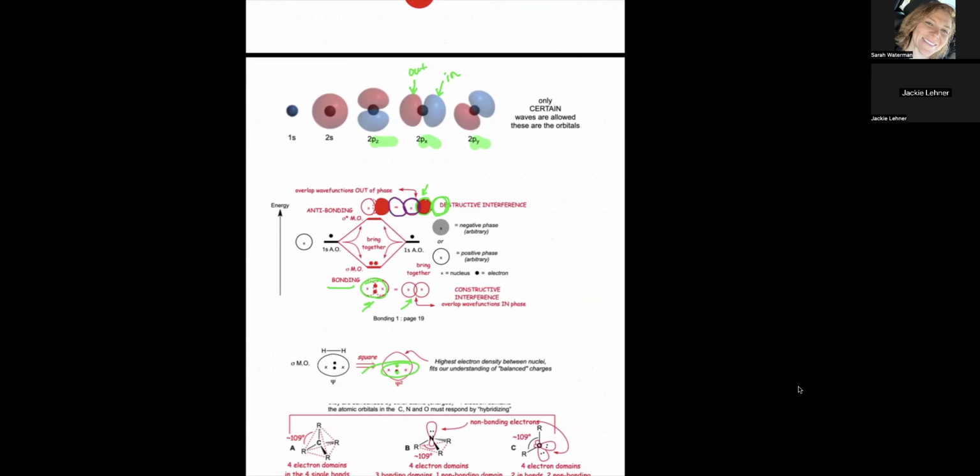So if these two come together and there are no electrons here, but we have electrons here, they're not going to create this bond, because the electrons are actually on this side. There's nothing to interact and create that bond together. So when things are out of phase, we call it anti-bonding because we don't create a bond.